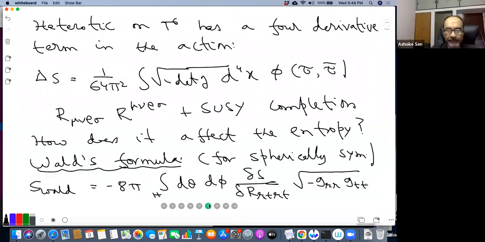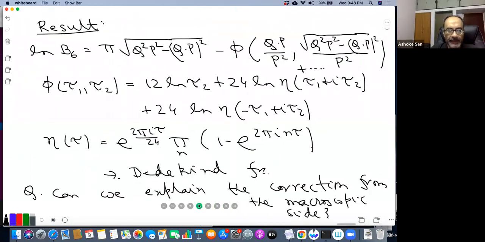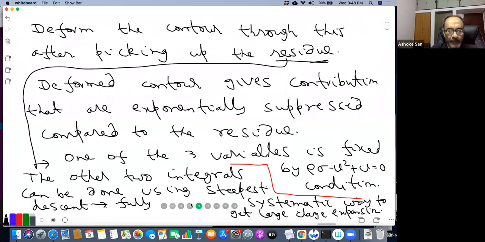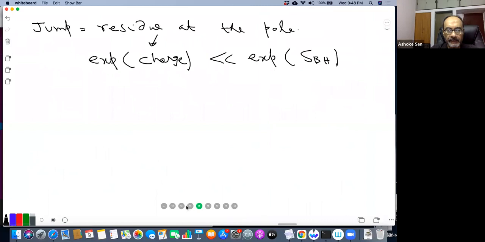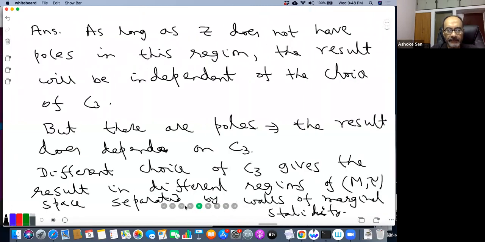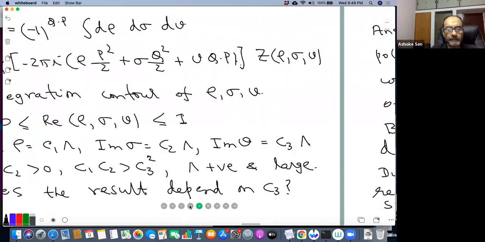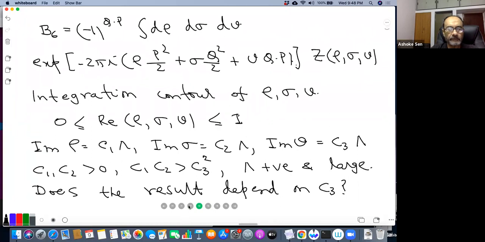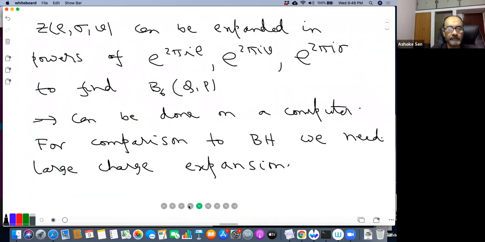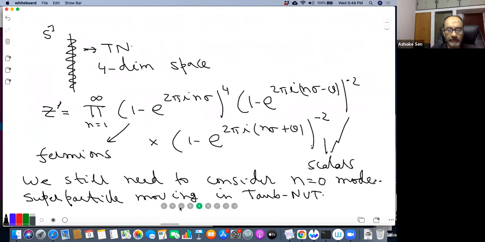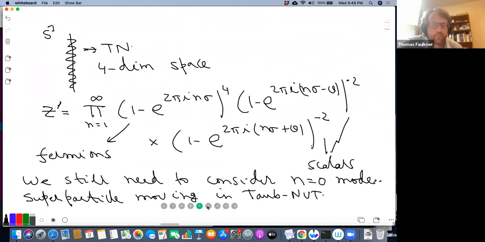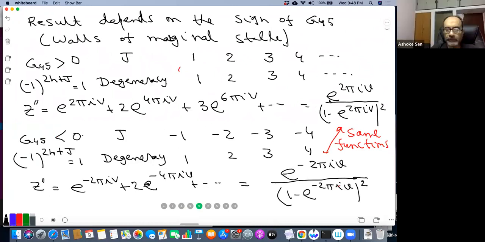Well, this by itself doesn't have modular property. Yeah, so this partition function by itself doesn't have modular property.